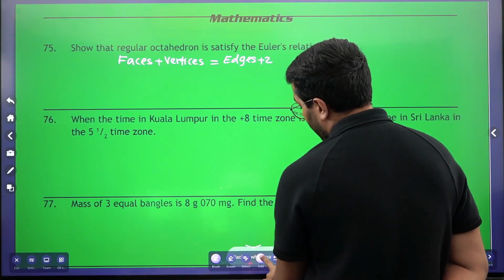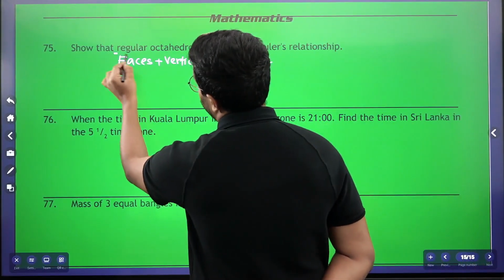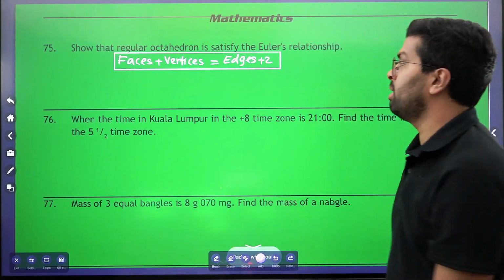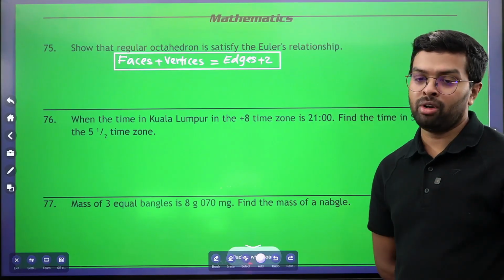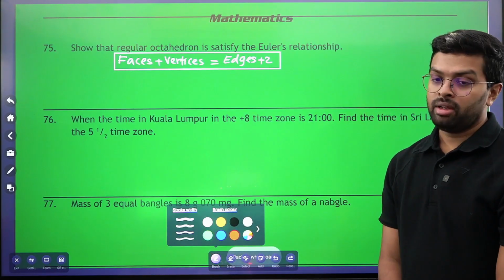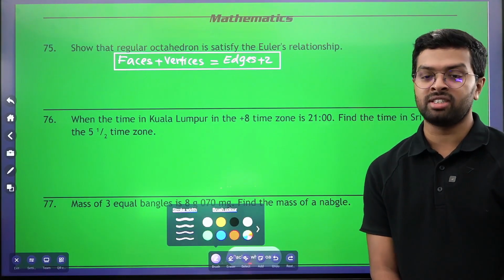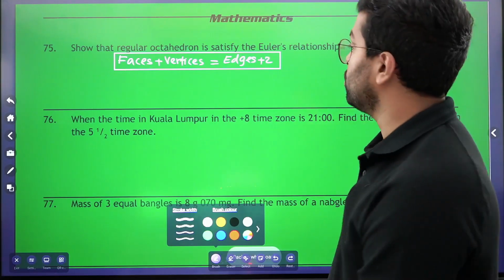This is called Euler's relationship. Number of faces plus number of vertices equals edges plus 2.